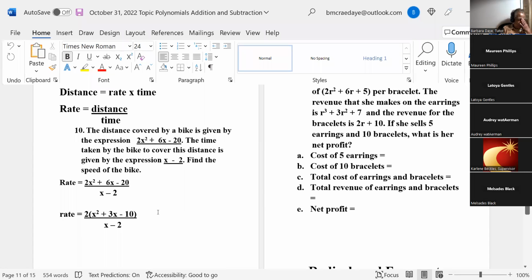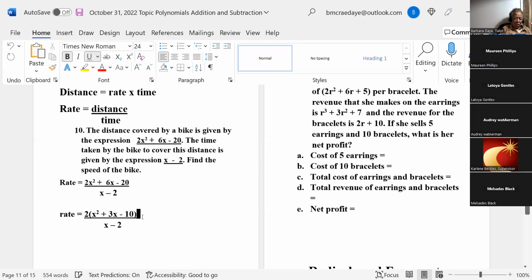That look like something you're familiar with? What kind of equation is that? Someone say it. A quadratic equation? Quadratic, that's a quadratic, which means we can write the expressions that go here.